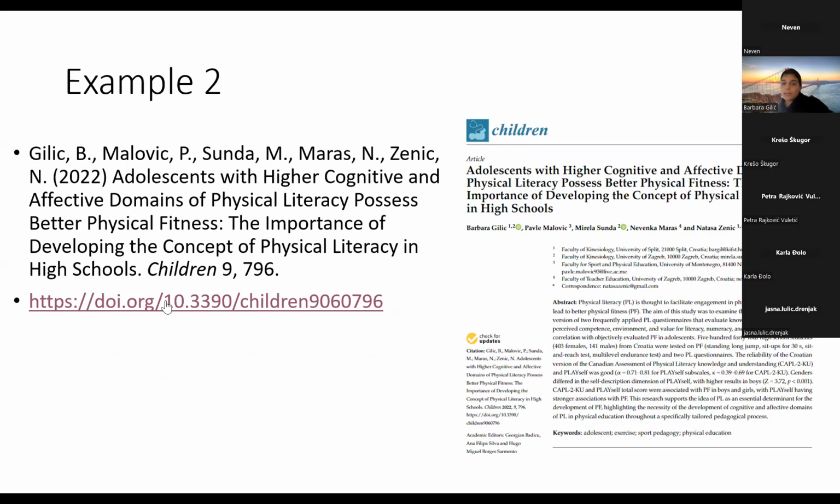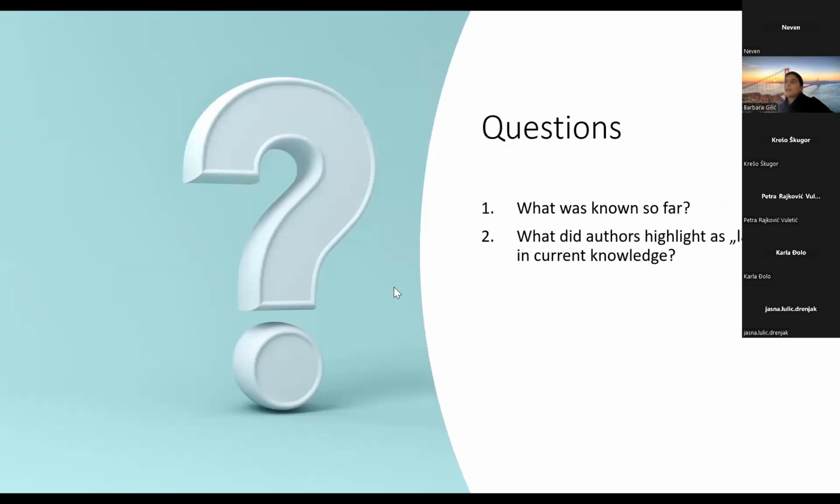So this second study about physical literacy is titled Adolescents with Higher Cognitive and Affective Domains of Physical Literacy Possess Better Physical Fitness. And it's actually about the importance of developing physical literacy in high schools. So can you all please open this second research and try to answer those two questions.